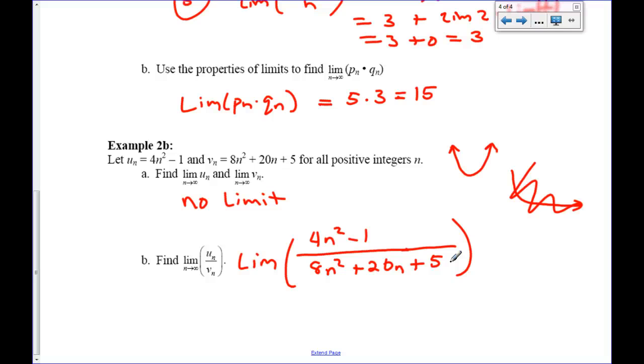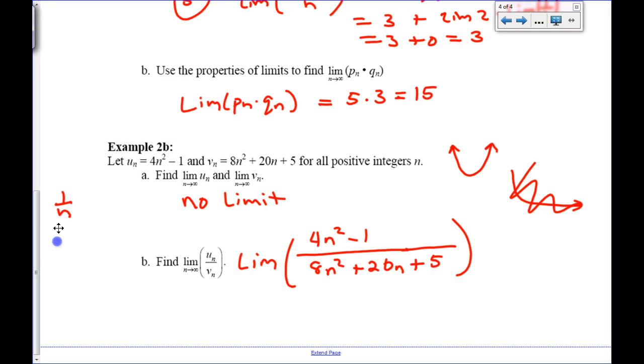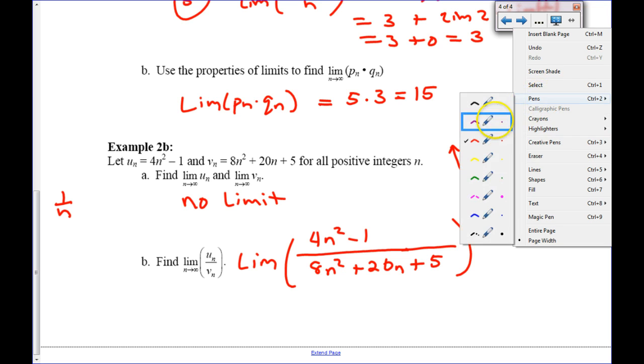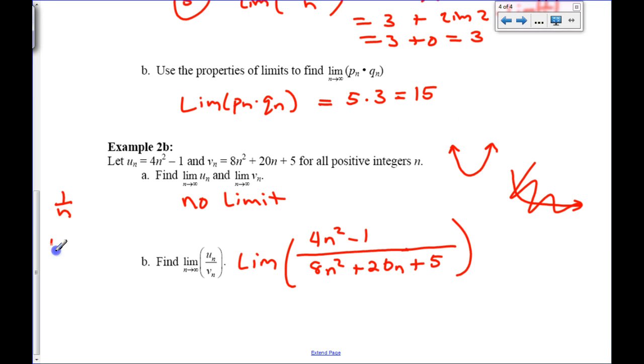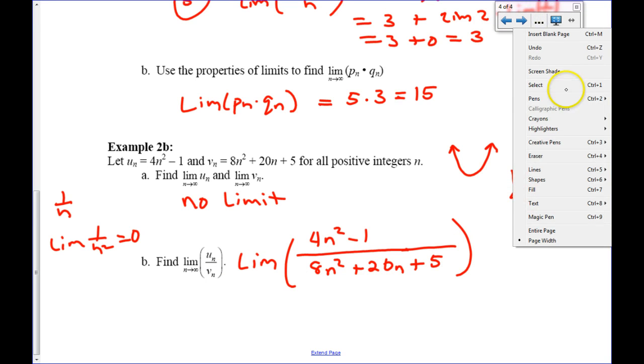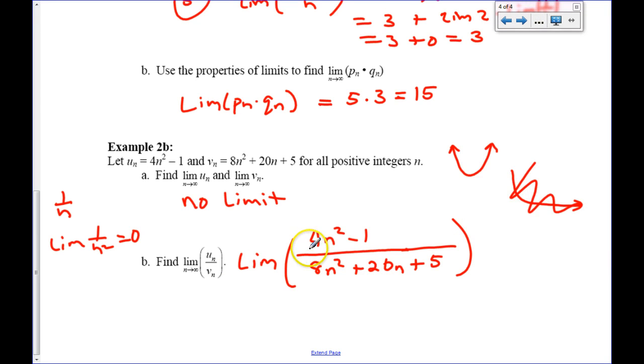One other thing I want you guys to know is that as 1 over n approaches 0, so does 1 over n squared. So one of the things you might want to write on the side somewhere is that the limit of 1 over n squared is also 0. Okay? So on this one, I'm going to divide each of these by n squared, and that's what you're going to do here.